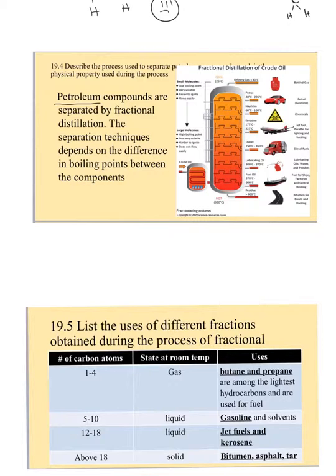Petroleum compounds are found deep under the ground, and they are extracted as a dark, black, sticky substance called crude oil. And this crude oil is separated by something called fractional distillation.